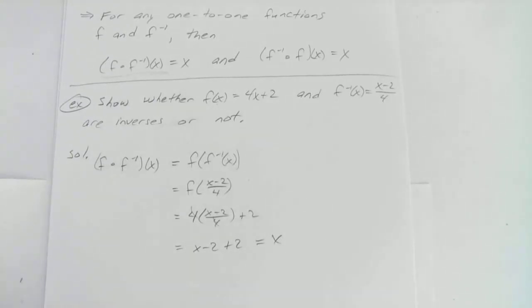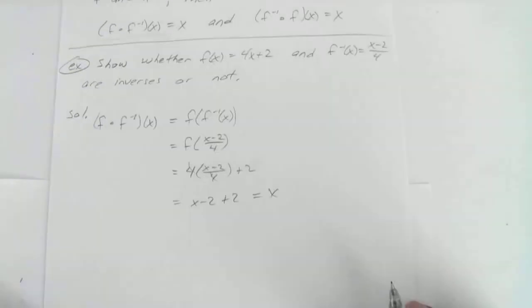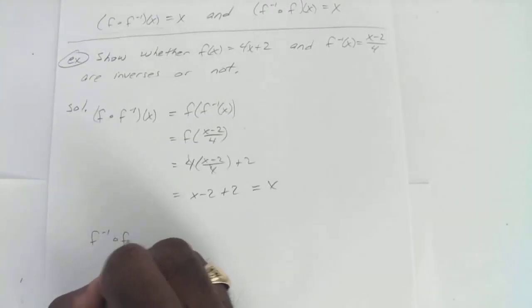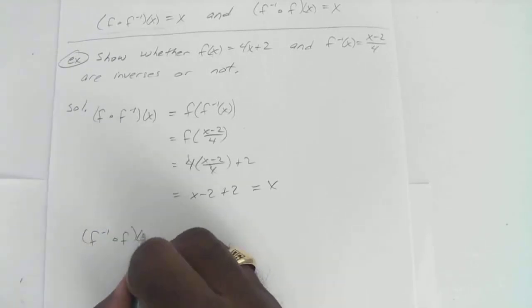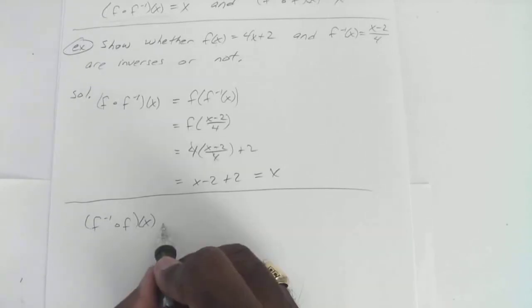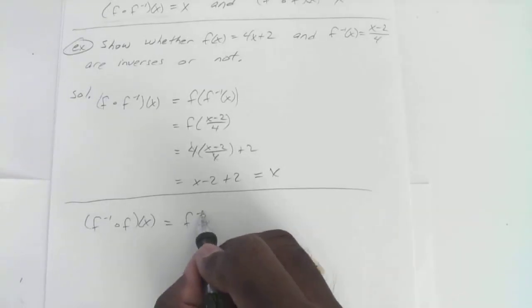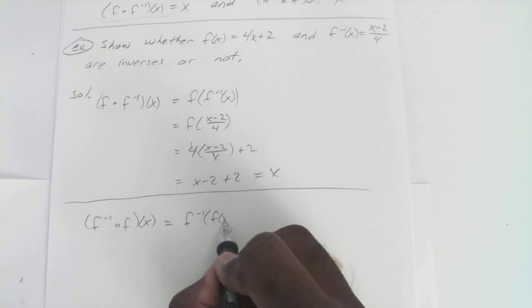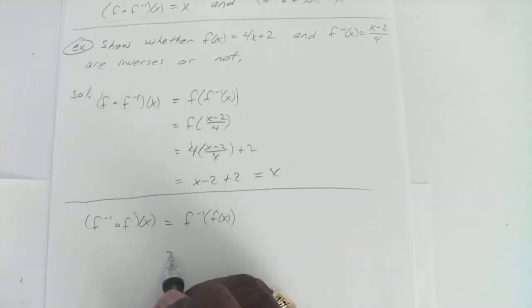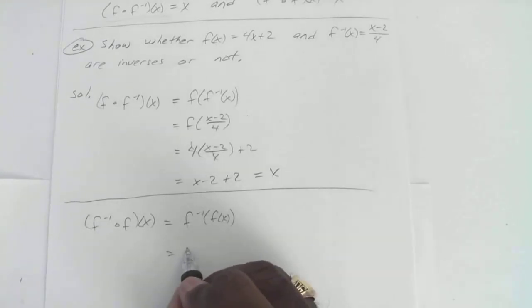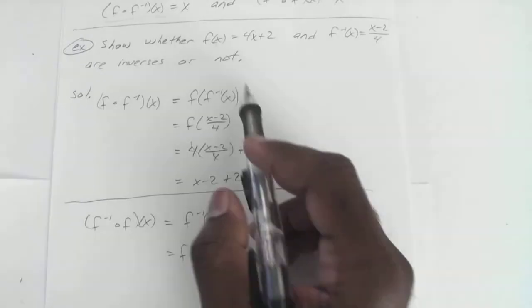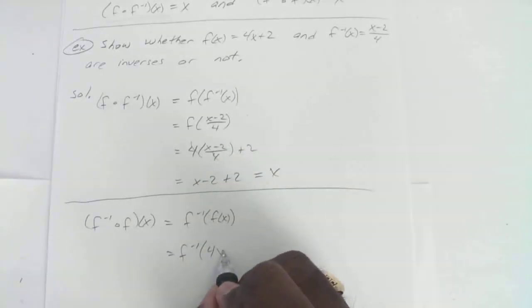Now we switch them around and do the same thing. We know that f inverse of f of x is just f inverse of your f of x, which is 4x plus 2.